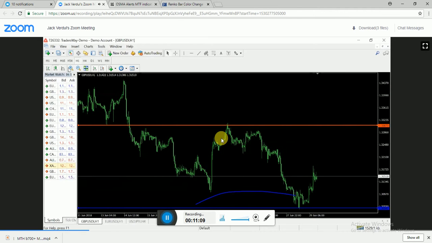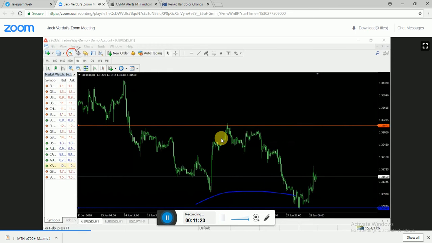Those of you who don't know how to add currencies on your computer, most of you just started, and you probably don't have all the currencies on your computer. All you really do is go to this little symbol here. Just click it, and this will pop up right here. It's called the market watch.